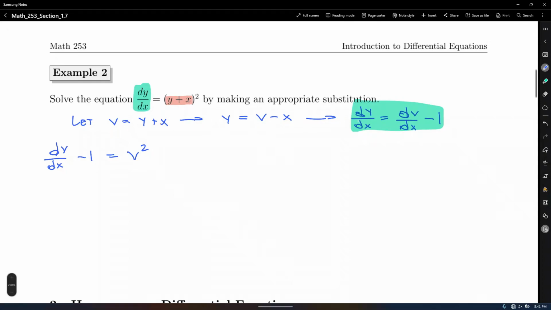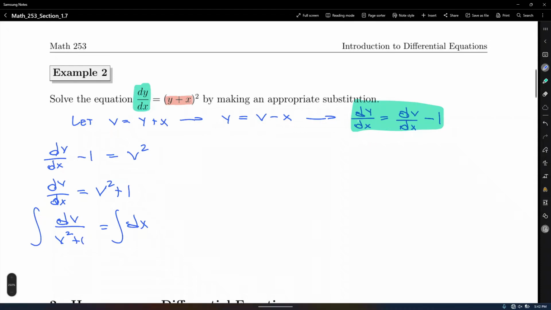Arctan, like moving the minus 1 to the other side and then doing the... So separating the variables, right? At first glance it doesn't seem separable, right? Because of the terms all over the place. So if we solve for dv dx, this is equal to v squared plus 1, and dv over v squared plus 1 equals dx, and we can easily integrate this one, right?